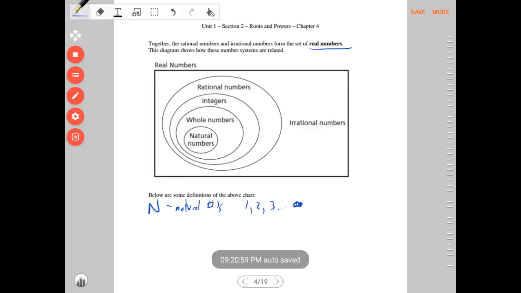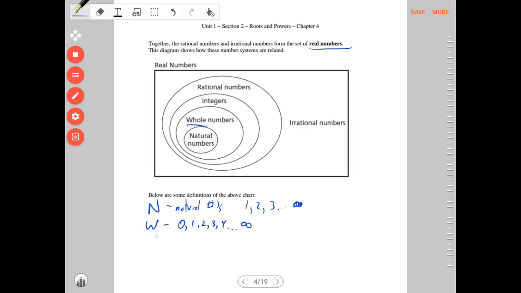Okay, great. Next, you have the whole numbers. The whole numbers, that's W. And the whole numbers are 0, 1, 2, 3, 4, all the way up to infinity. There, that's slightly better. Tilted a bit, but that's okay.